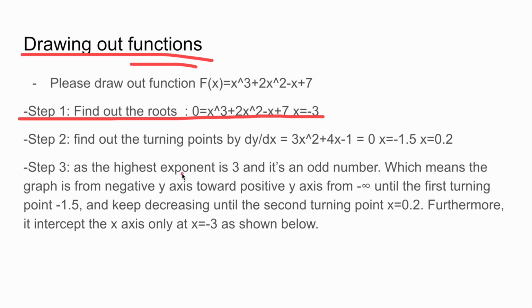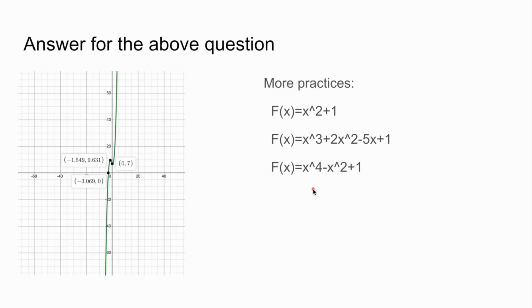Lastly, as the highest exponent is 3, an odd number, the graph goes from negative y to positive y, from negative infinity until the first turning point at -1.3, and keeps decreasing until the second turning point. Furthermore, the intercept of the x-axis is only at x equals -3, as shown below. So this is the answer for the first question.